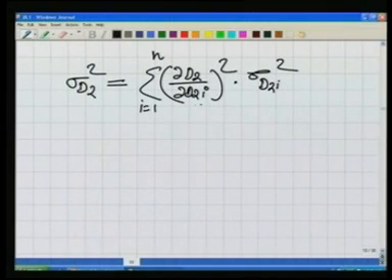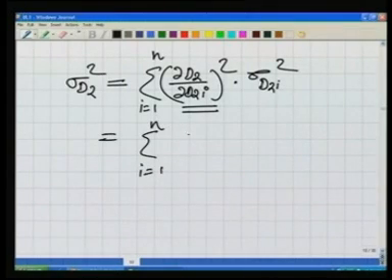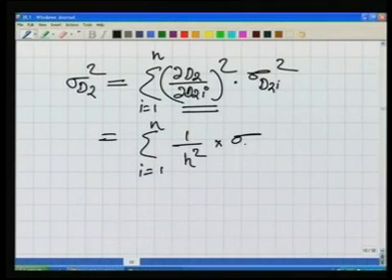If you solve this, the total turns out to be 1 by n square into the sum of sigma D2i square.